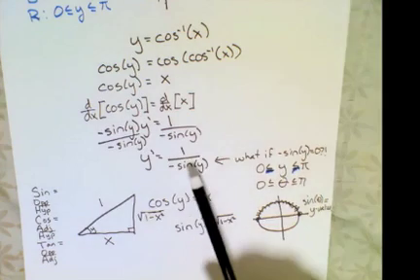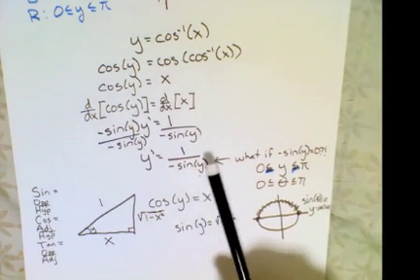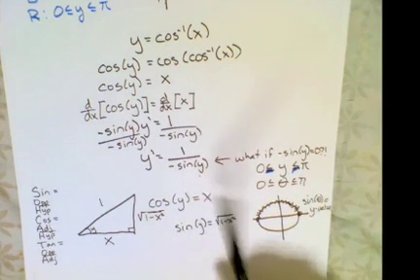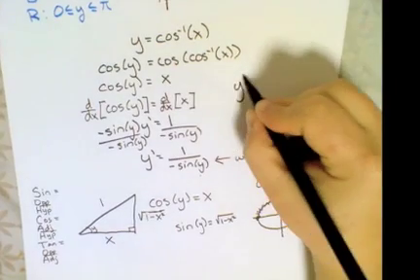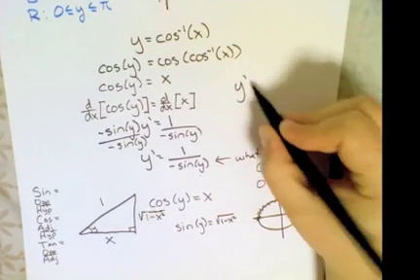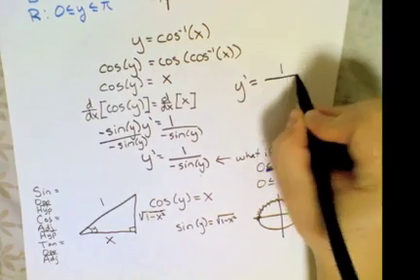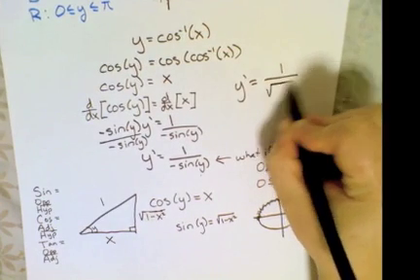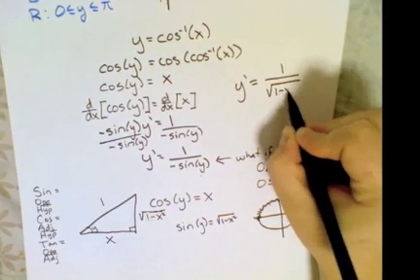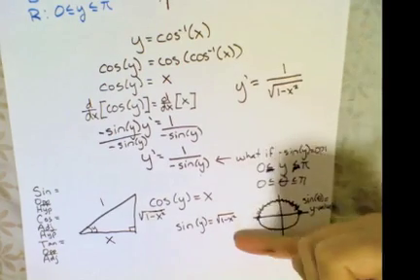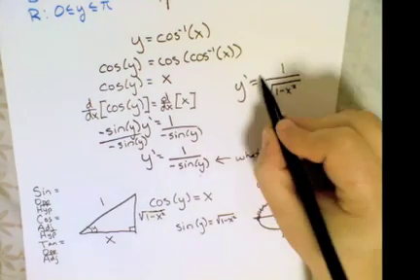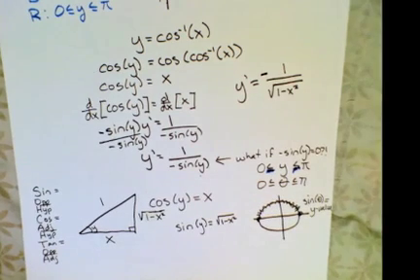And we need, for our derivative, 1 over the opposite of the sine of y. So, the derivative of the inverse cosine is 1 over the square root of 1 minus x squared, but it has to be negative. So I have negative 1 over the square root of 1 minus x squared.